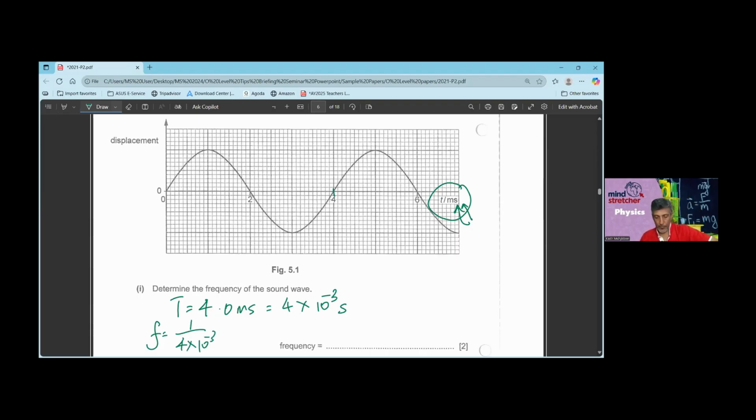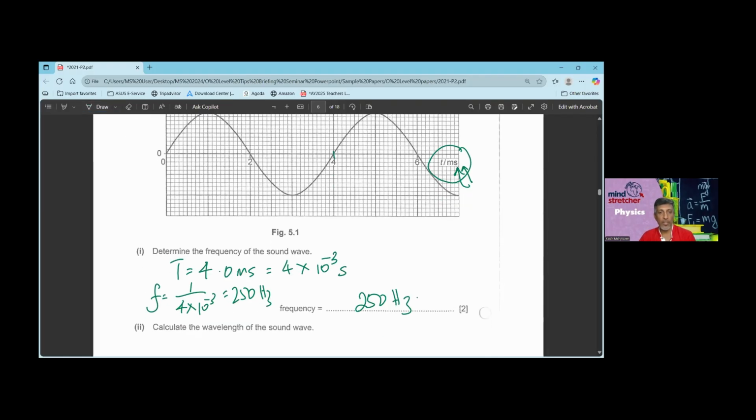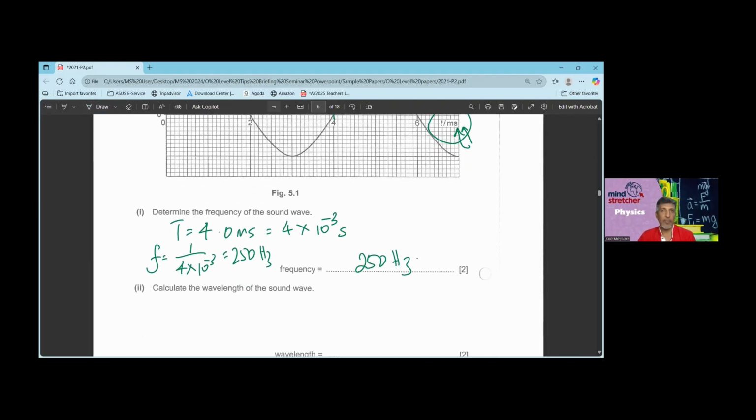You work it out and you get the answer 250 hertz. Please be careful, don't forget the units. Now calculate the wavelength. It's not 4,000 hertz. Please be careful.